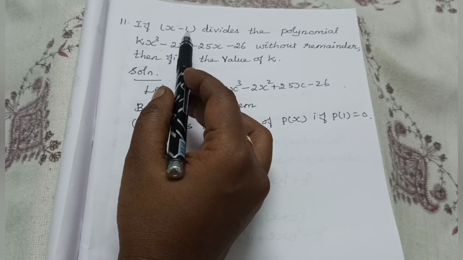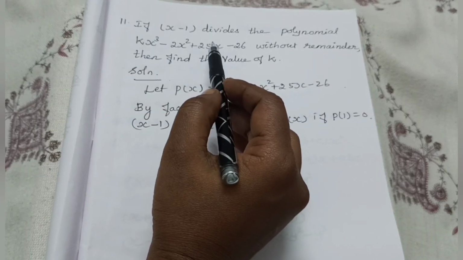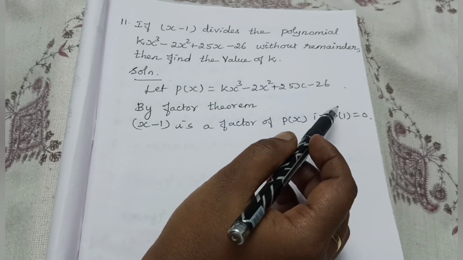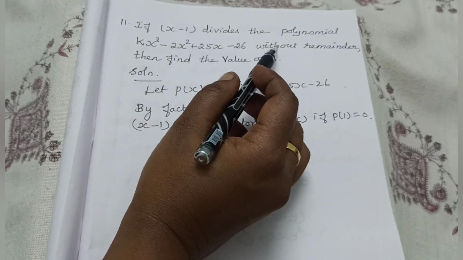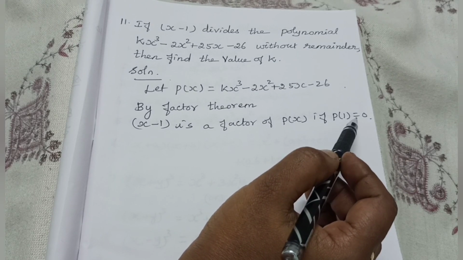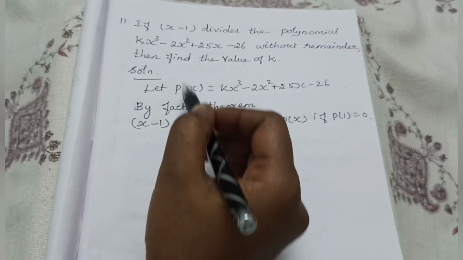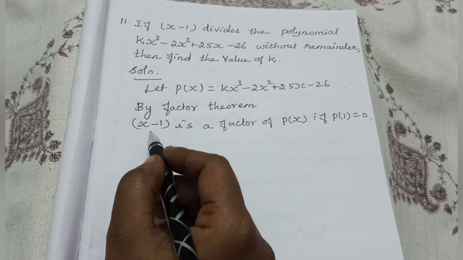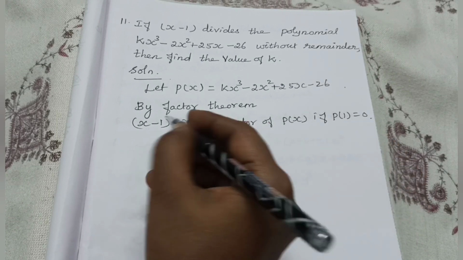If x minus 1 divides the polynomial, then p of 1 equals 0, isn't it? It divides means the remainder is 0, without any remainder, that means p of 1 equal to 0. We can use the factor theorem here. x minus 1 is a factor of p of x if p of 1 equals 0.